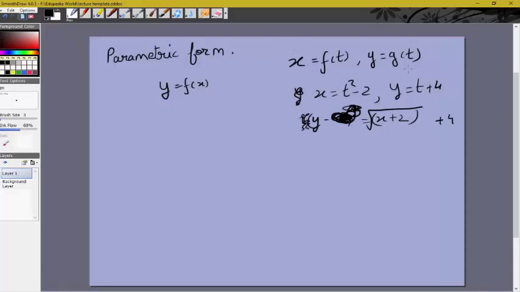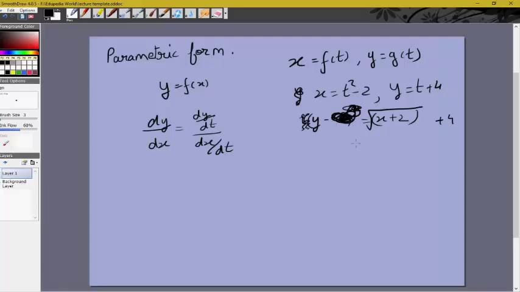So if we know x and y in this form, then either we can manipulate these two to get y as a function of x and then differentiate, or what we can do is dy by dx is equal to dy by dt divided by dx by dt. Right, dt will cancel and we'll get dy by dx.